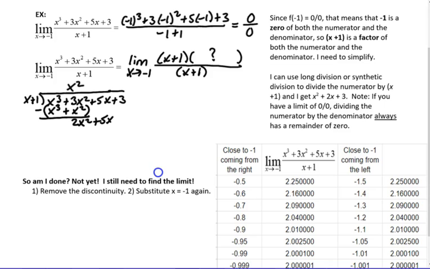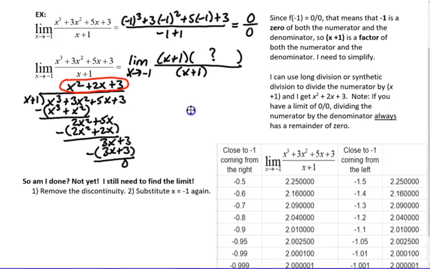Bring down the 5x, then I will multiply this by 2x. 2x times x gives me 2x squared. 2x times 1 is 2x. Subtract the whole thing, then I would end up with 3x. Bring down the 3. Multiply x plus 1 times 3, I get 3x plus 3. Subtract that and I get 0. So this factor is going to be x squared plus 2x plus 3. So here is the missing factor.